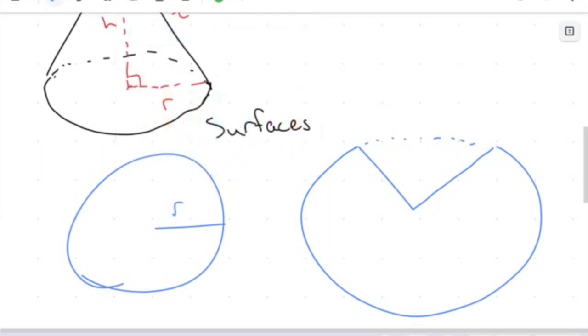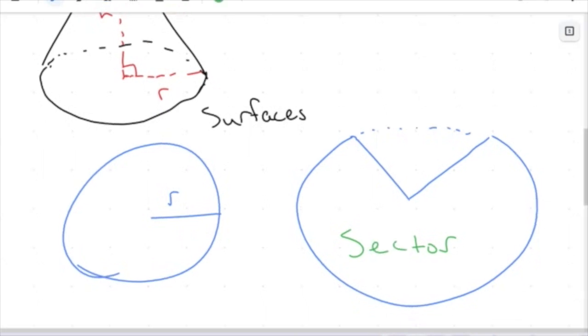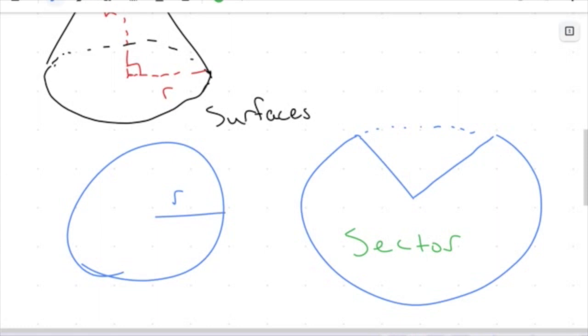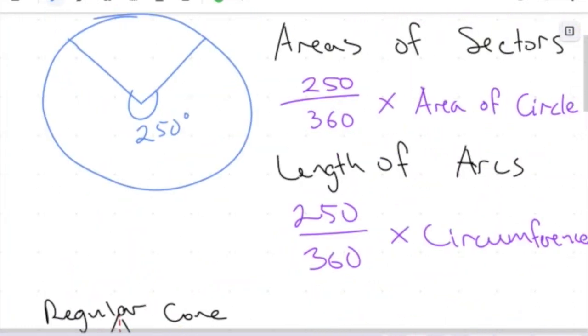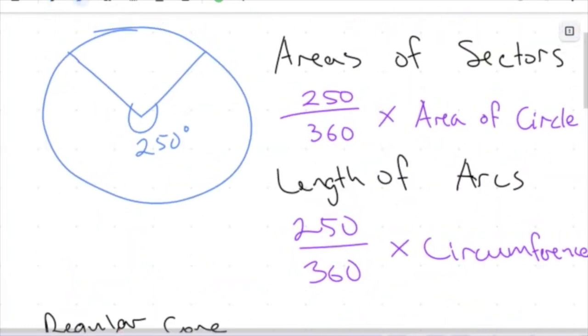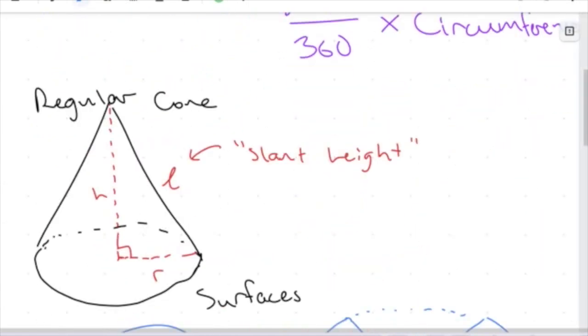So this whole thing here is a sector as opposed to a circle. So we're having a fraction of a circle, kind of like this idea up the top. Our sectors are fractions of an entire circle.